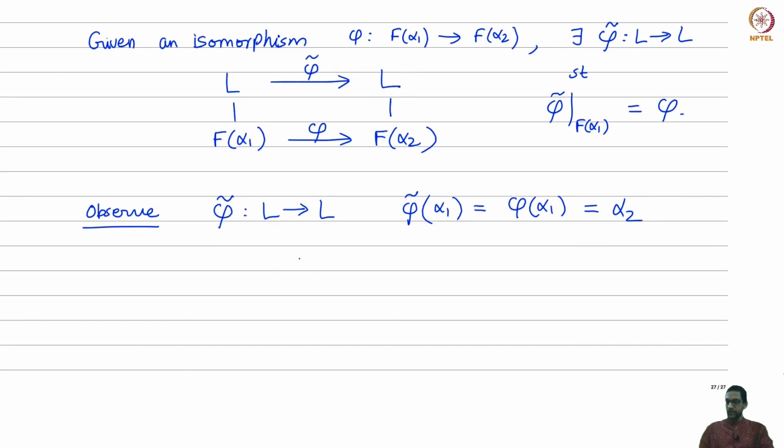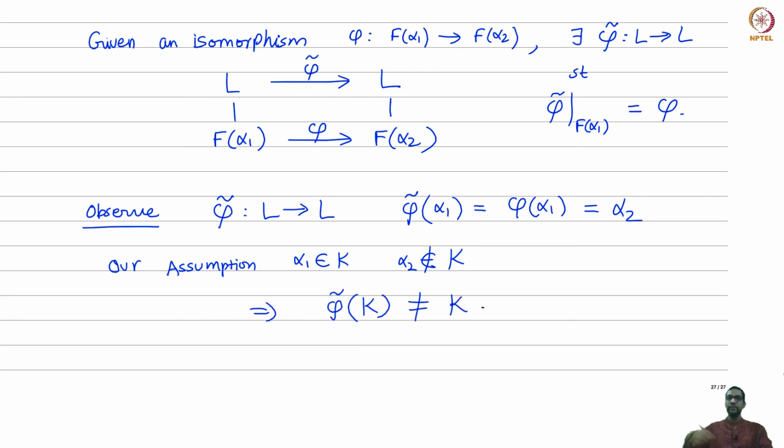In particular, recall we assumed that alpha 1 was an element of K and alpha 2 was not an element of K. So this says that phi tilde of K is not K. It's mapping one element of K to an element that's outside K. And so this contradicts our hypothesis 2 and completes the proof of this proposition.